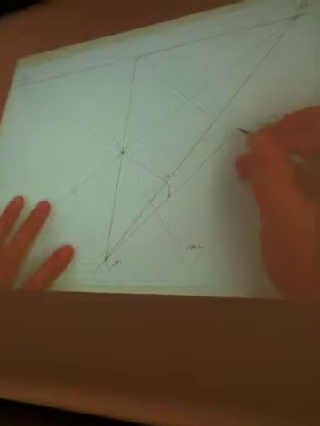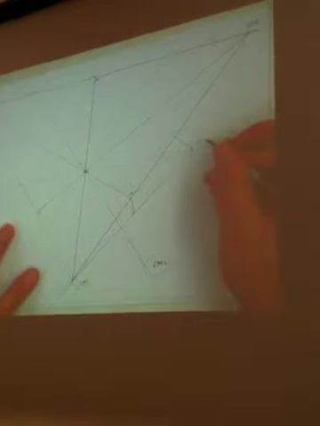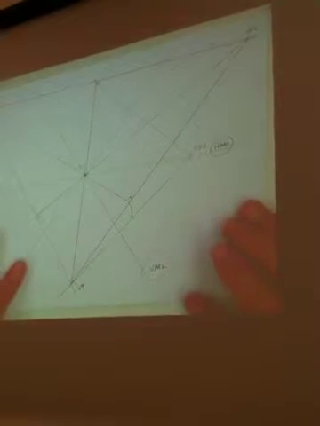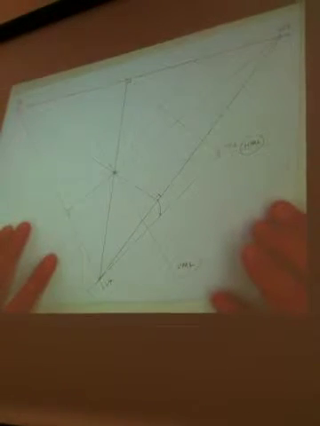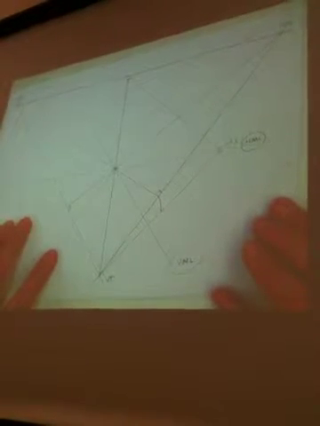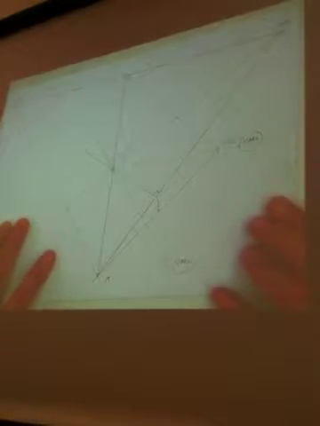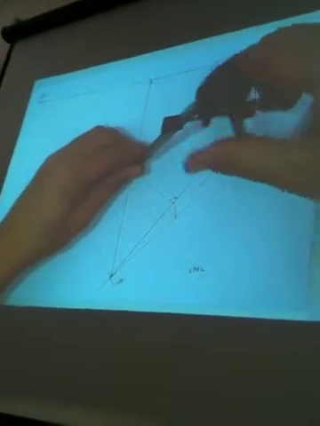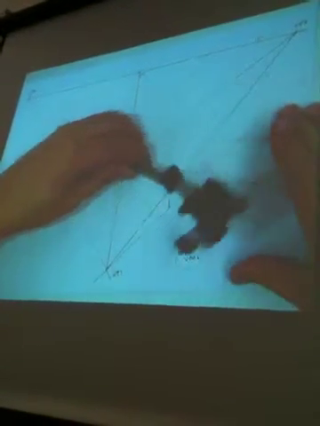And this, weirdly enough, is the station point. Now you might notice that I put station point 1, which seems odd, because there's actually 3 of them. You can find the 3 station points by taking this distance and swinging it to hit these other 2 lines.